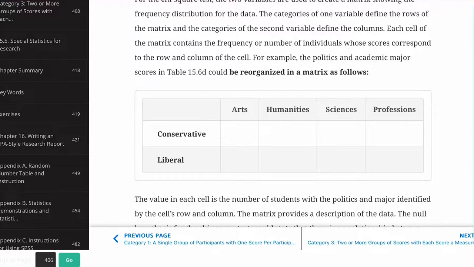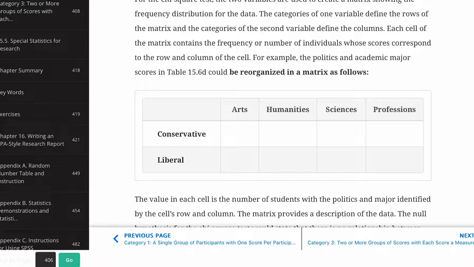This is like a frequency distribution matrix. You would put the frequency of how many people were arts majors that were conservative in that first box, and underneath that, how many arts majors were liberal.